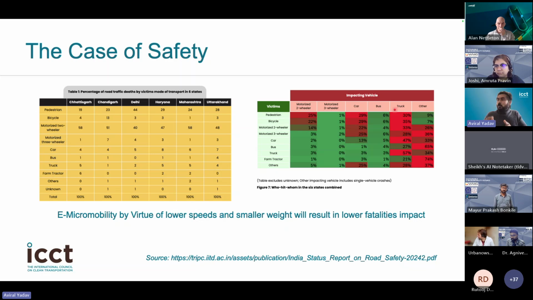But we can at least handle this motorized two-wheeler impact if we have a lower power vehicle, a lighter vehicle, lower speed. So the momentum becomes less, and the chances of fatality become less. For me, this is one of the most compelling arguments.